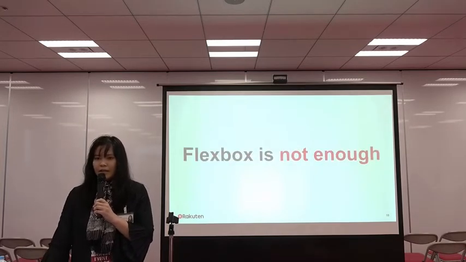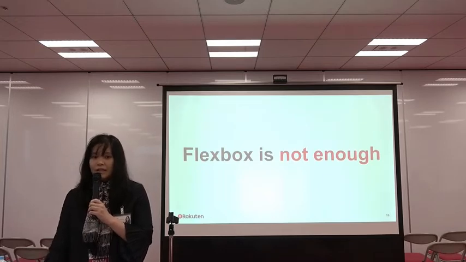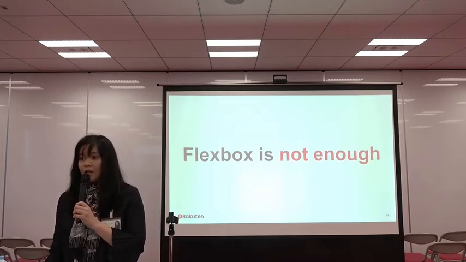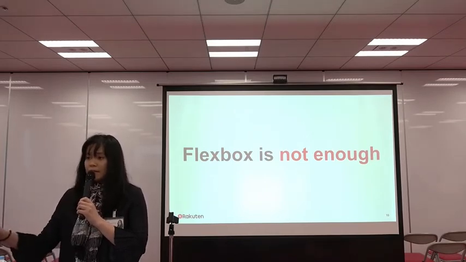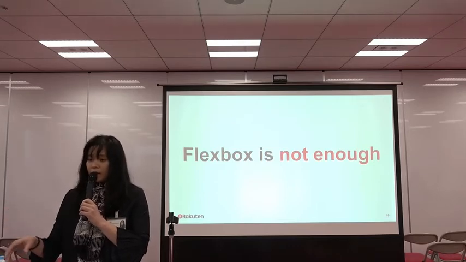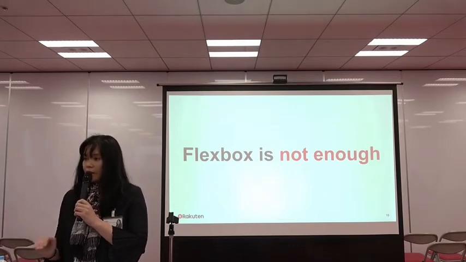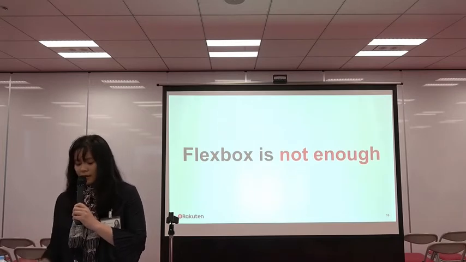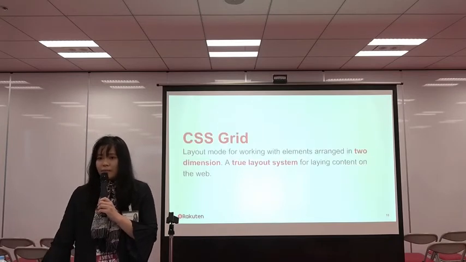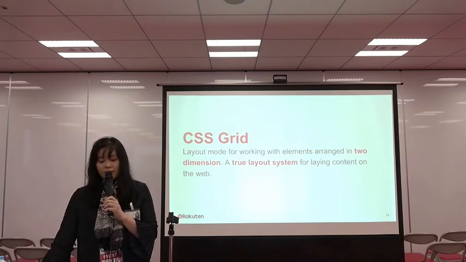But here's the thing about Flexbox, still not enough. Flexbox is not designed for you to create a full page layout. It only allows you to arrange items vertically or horizontally. It's not for page layout at all. You cannot actually manipulate the row and column very easily. This is where the new specification comes in, the CSS grid.